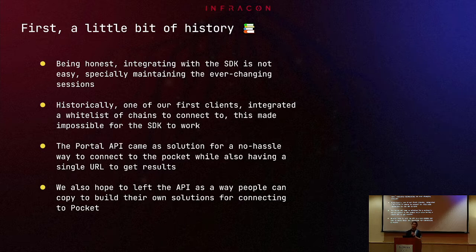So even though the Portal API exists as a centralized part of our infrastructure, we're working so that developers always have the option of connecting directly to the SDK, and maybe shortly in the future, being able to import parts of the Portal API by themselves. The best way possible that we are dreaming of is simply importing the whole API, running it themselves, and getting the results from that, so they can enjoy all the features that are unique to the API while also staying decentralized.